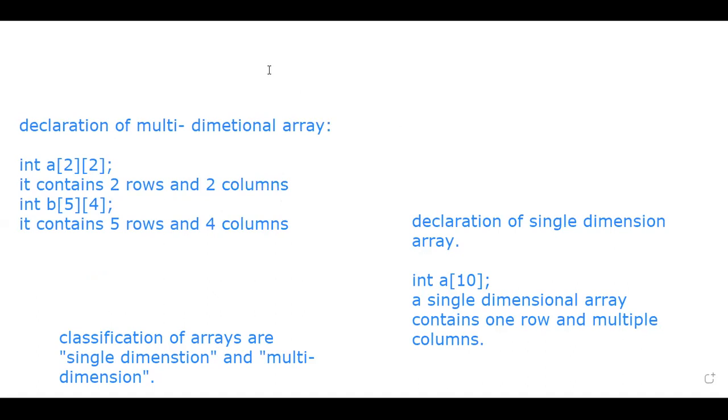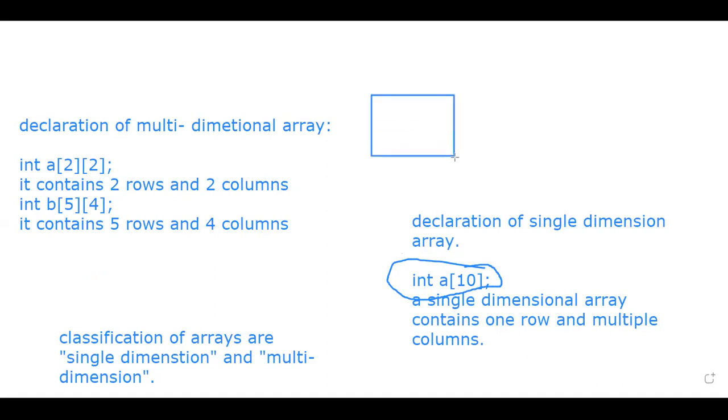Next, we already performed some programs on the basic concept of arrays, which are single dimensional. Now we will see some programs on the multi-dimensional or double dimensional array. How do you represent a multi-dimensional array? See an example here.